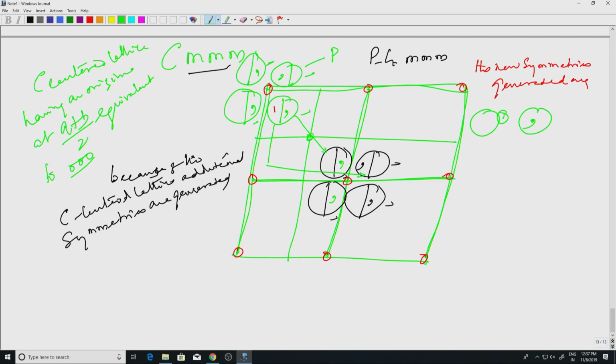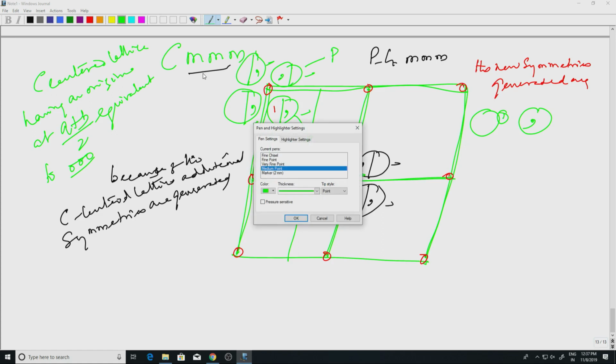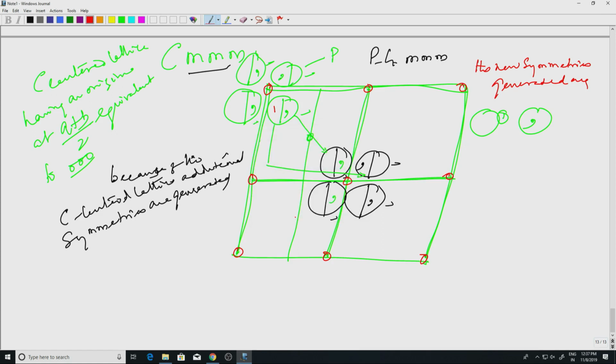So that means there is a blade appearing here. So this gets reflected here and it comes here.